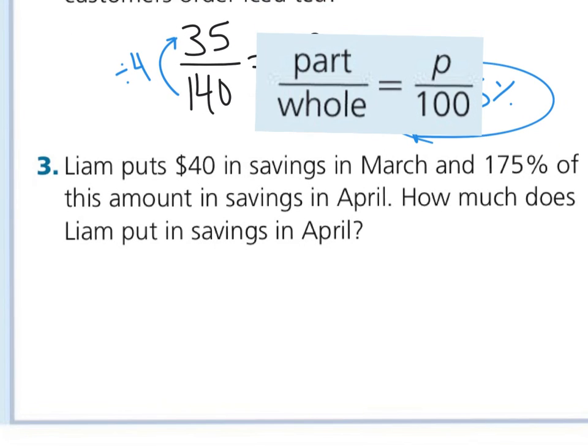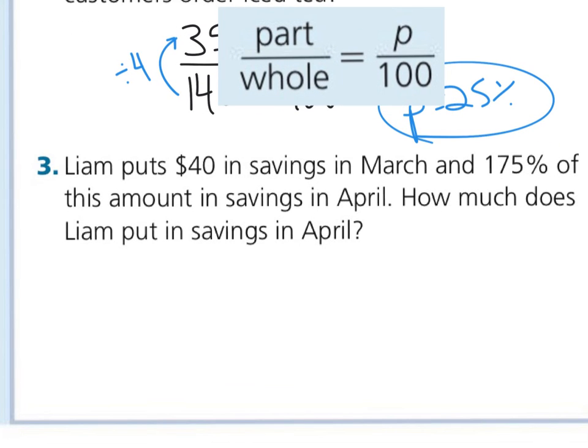Number 3, Liam puts $40 in savings in March and 175% of this amount in savings in April. How much does he put in savings in April? So one way of looking at this, we could say it's 175% of this amount.